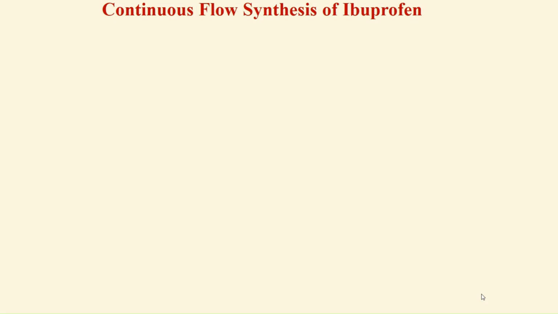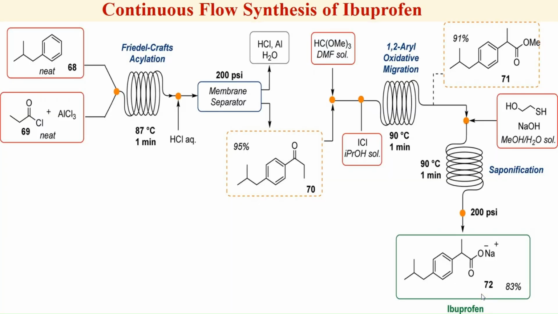In continuation of that, let us look into a few other applications of synthesis of APIs by using this continuous flow method. Today, let us discuss the synthesis of ibuprofen by continuous flow system.